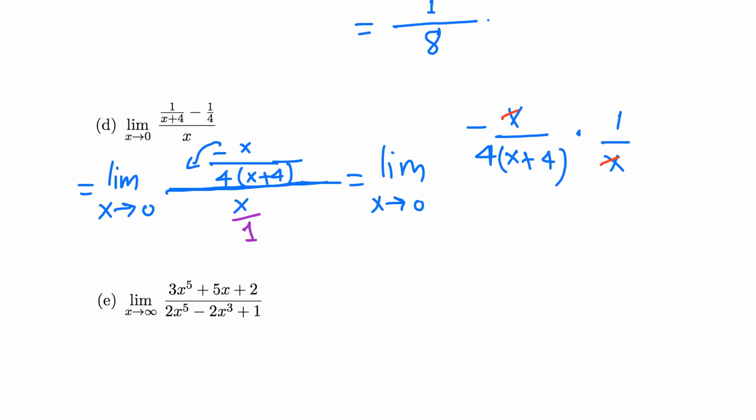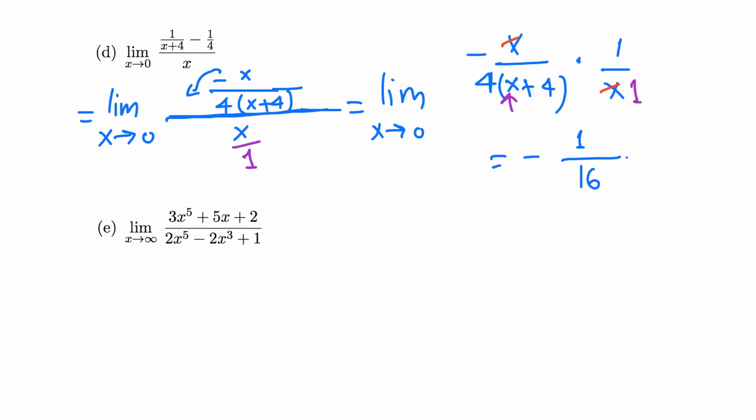So we are not getting 0 over 0. So just simply plug in now. Negative in the front, just 1 left on the top, over this, x is now 0. So 0 plus 4 is 4. 4 times 4 is 16. So negative 1 over 16 is the final answer.